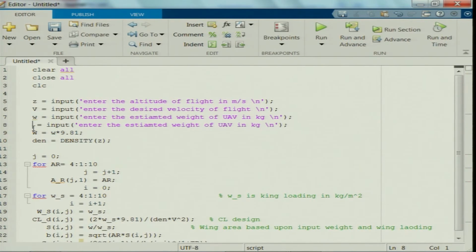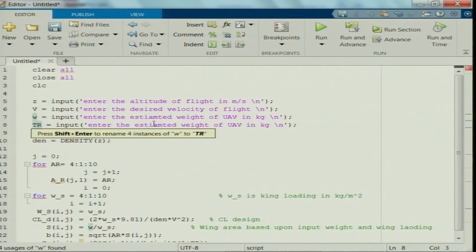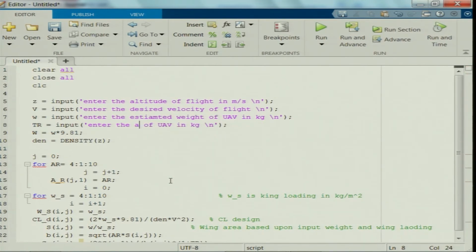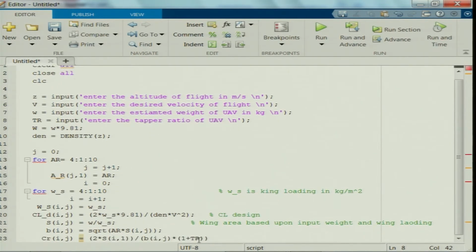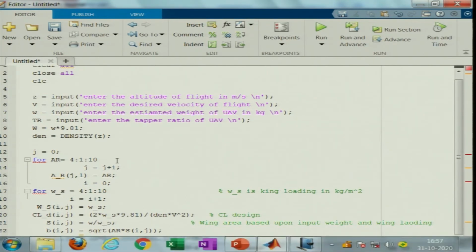So, taper ratio TR is: enter the taper ratio of UAV. So, we made this also an input. So, I get taper ratio from there and it remains constant for this entire iteration, right.